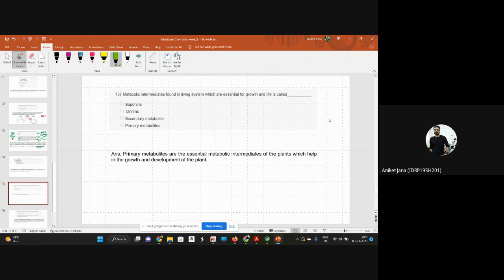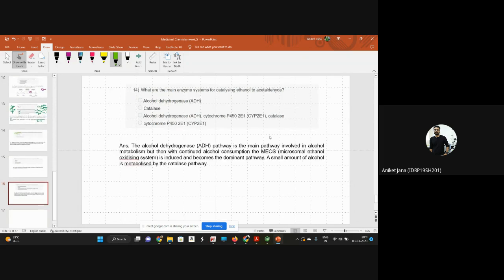These natural products are the secondary metabolites of the plant, which make them competitive in their environment. Our desired answer is that primary metabolites are the essential metabolic intermediates of the plants which help in growth and development. In animals, as we discussed, carbohydrate, protein and fat are the primary metabolites.